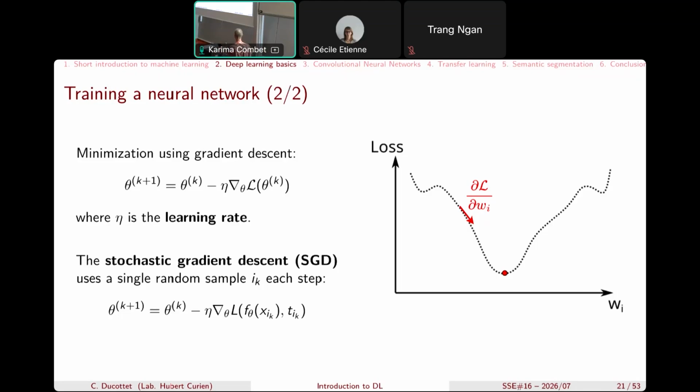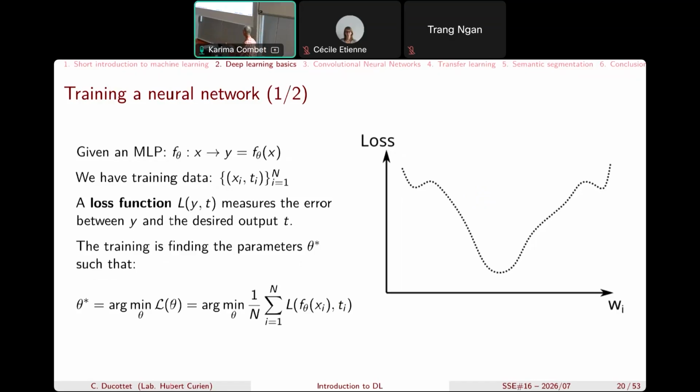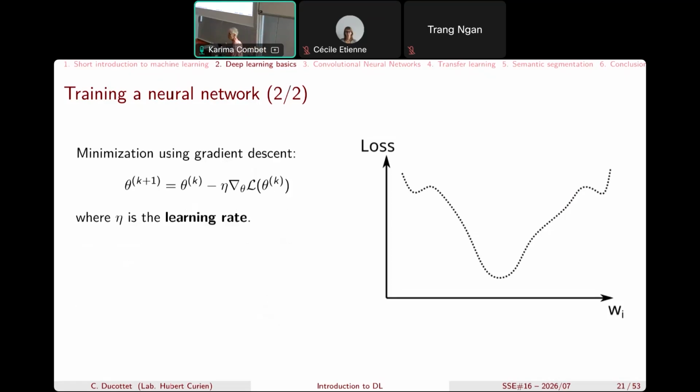Basically, if we want to minimize this function using the definition I gave here, I sum over all the sampling points, the training points. If I have, for example, 1 million images as training, and each image has a lot of pixels, this sum will be very, very high. So in practice, it is impossible to compute this function at each step of the gradient descent.